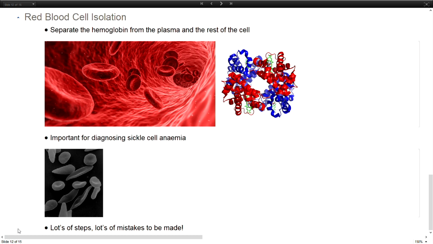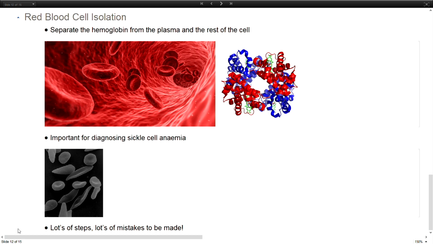And why would we want to do that? Well, one of the reasons is because it's an important diagnostics tool for sickle cell anemia. So this is purely unintentional, but if you take the pure sample of hemoglobin, you can see if someone has sickle cell anemia.